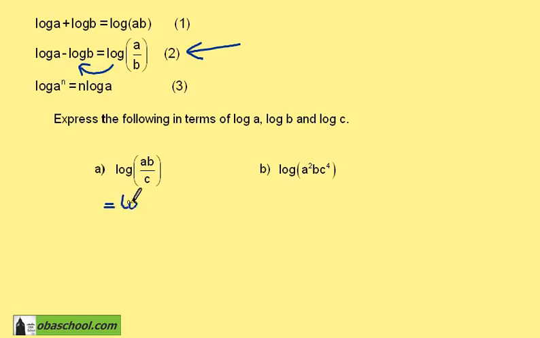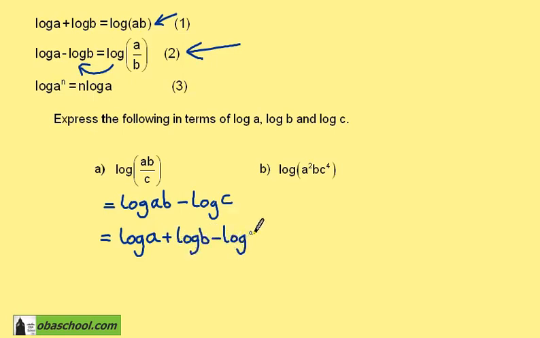So log AB over C will be log AB take away log C. Log AB is like this type and will become log A plus log B, and then we have minus log C.